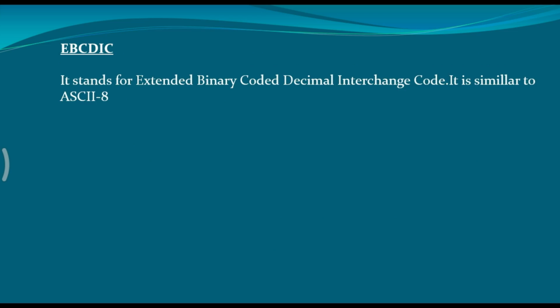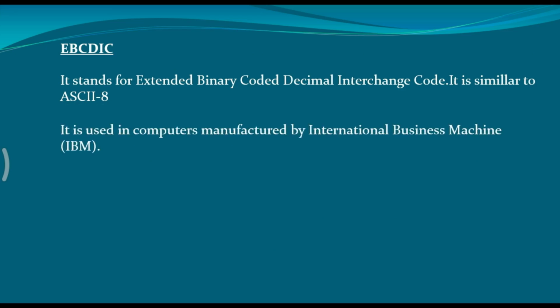Next, EBCDIC. EBCDIC stands for Extended Binary Coded Decimal Interchange Code. It is similar to ASCII 8. It is used in computers manufactured by the company International Business Machines, that is IBM.